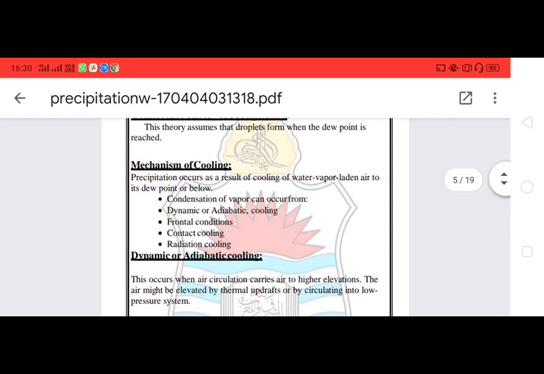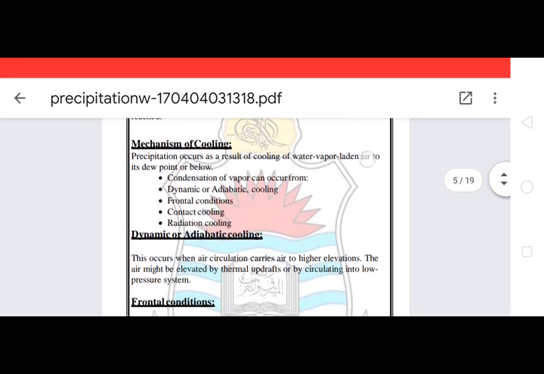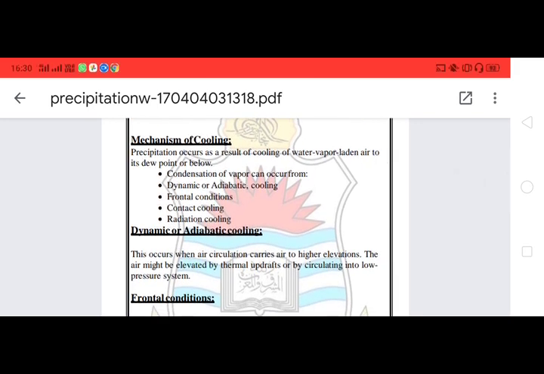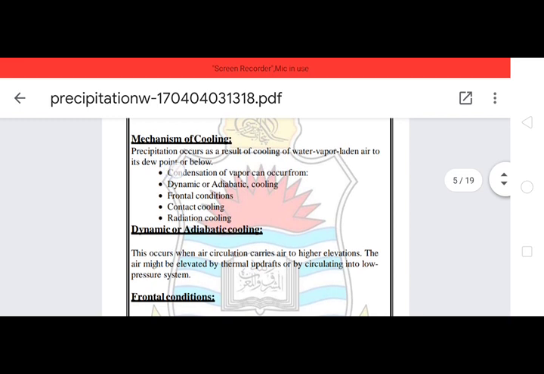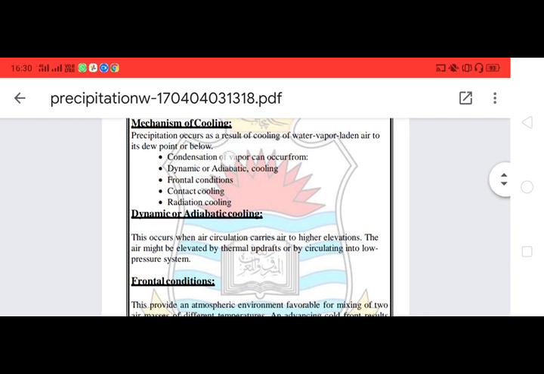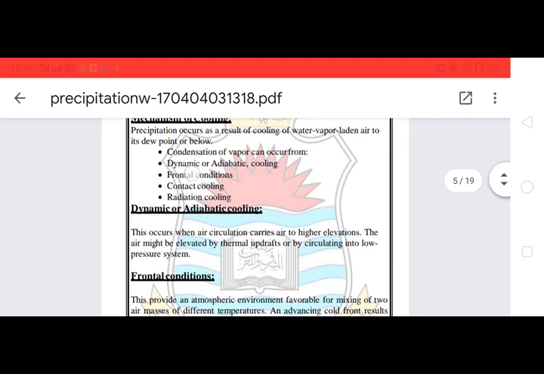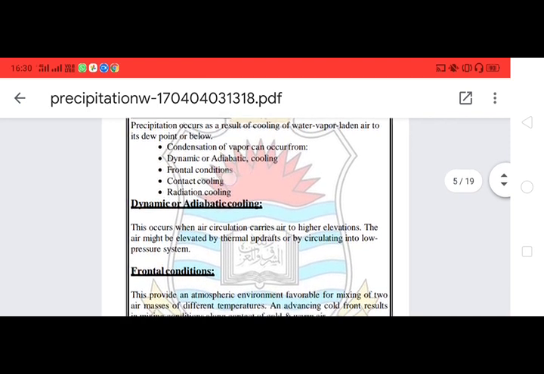Precipitation occurs as a result of cooling of water vapor laden air to its dew point or below. Condensation of vapor can occur from dynamic or adiabatic cooling, frontal condition, contact cooling, radiation cooling.